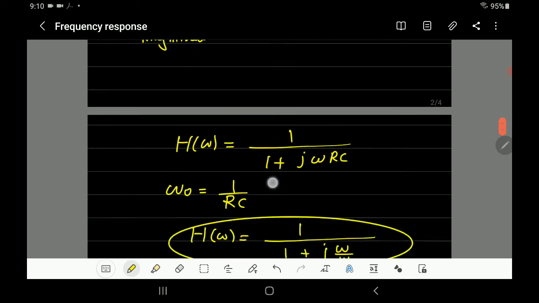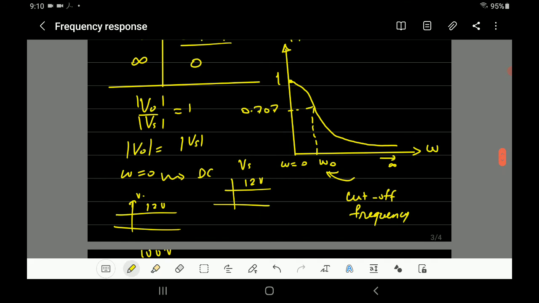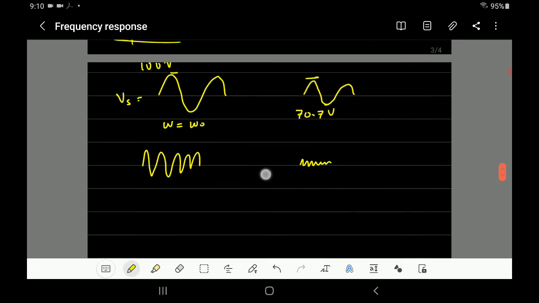To what frequency? Well, till omega naught, the cutoff frequency, because at the cutoff frequency, the amplitude will be reduced to 0.707. If you have frequency higher than omega naught, the amplitude will be decreasing dramatically. It will not be a strong signal anymore. Okay, that's about the amplitude.